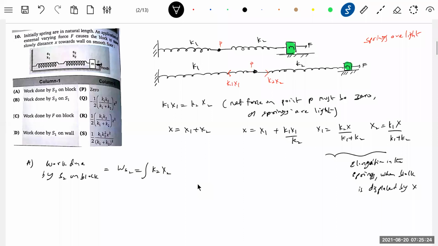I think S2 means spring 2, no? In the diagram it is there. So what is the force exerted by the spring on the block? The spring force k2 x2 only, because this end of the spring is connected to the block. Then how much displacement has the block undergone? dx. But do we know x2? We have calculated that. So substituting this, k2, k1 x.